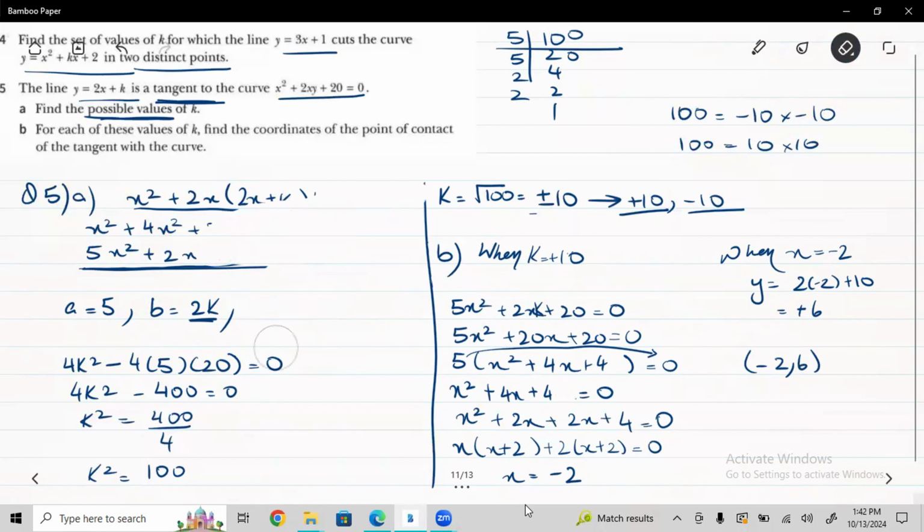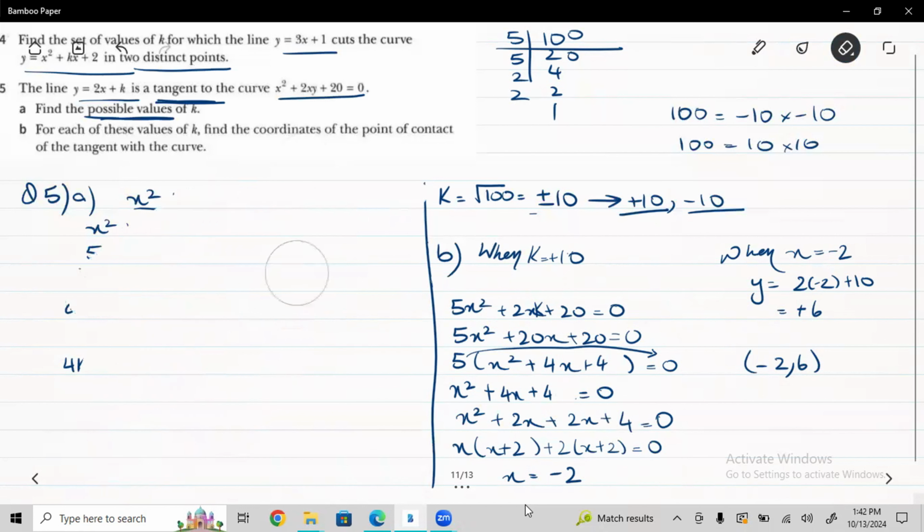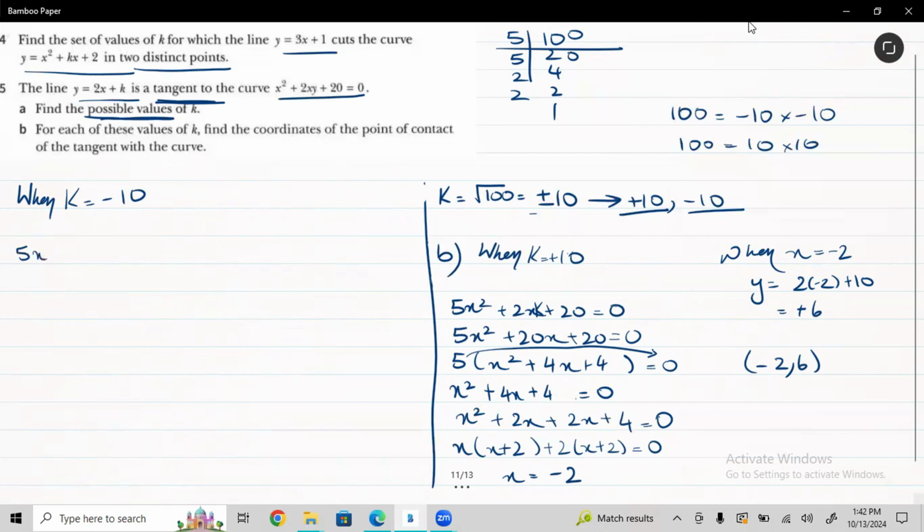However, let me just erase for some space. For the point when k is equal to negative 10, we are going to get different values. When k is equal to negative 10, I'm going to solve this equation again. 5x squared plus 2xk plus 20 is equal to 0. Multiply it, 5x squared minus 20x plus 20 is equal to 0.